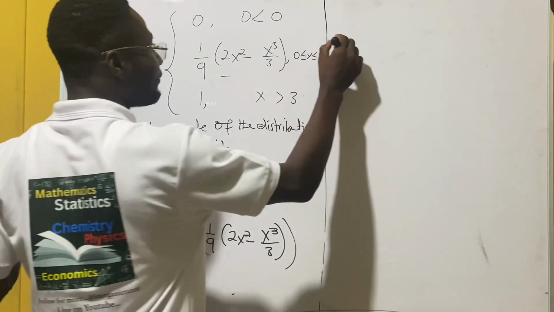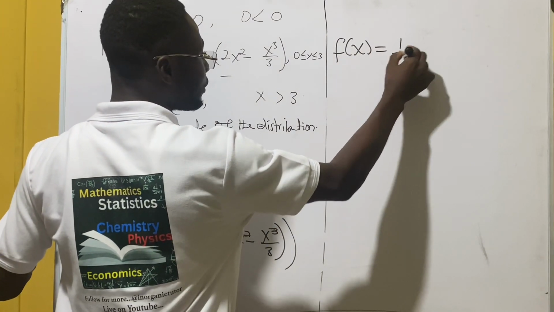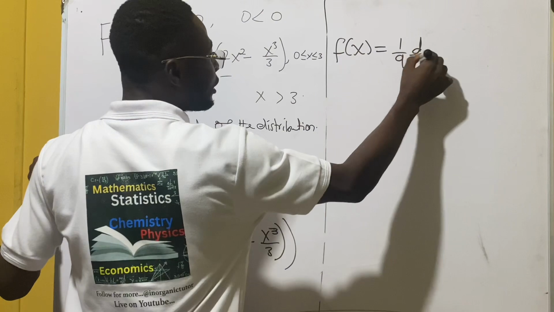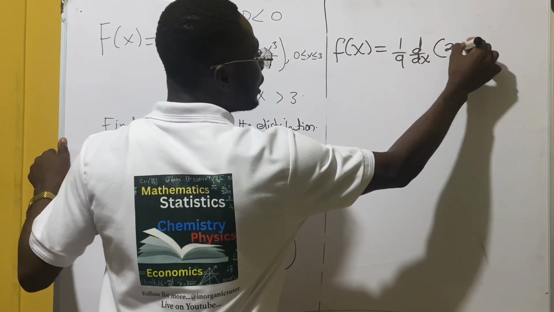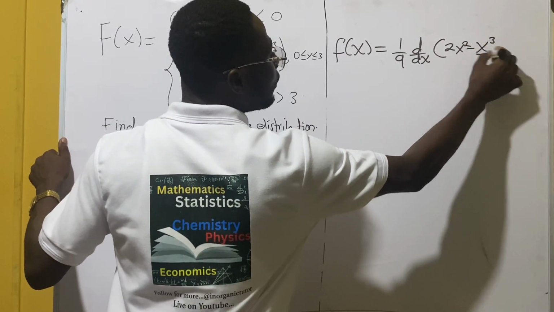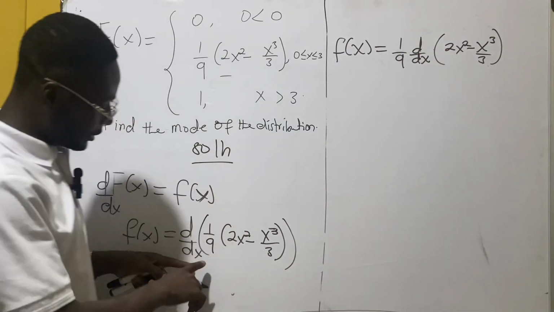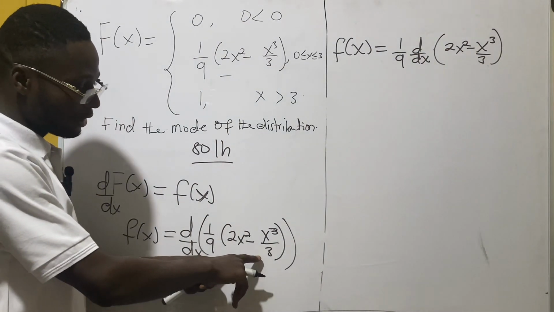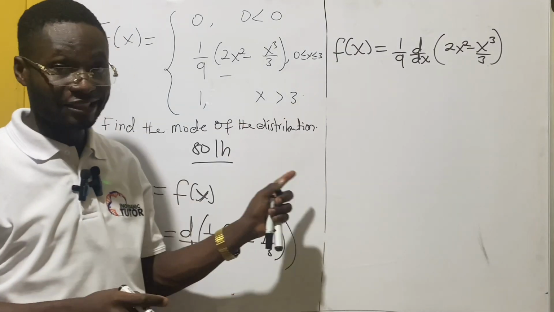So our f of x will be equal to 1/9 differential of the CDF, which is 2x squared minus x cubed over 3, right? So I factored out the 1/9 because it's a constant.